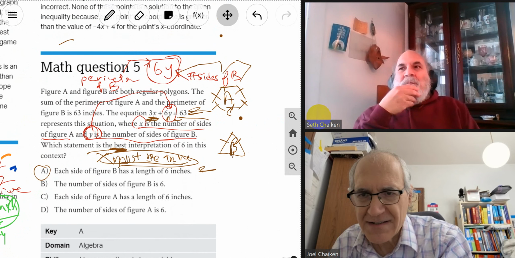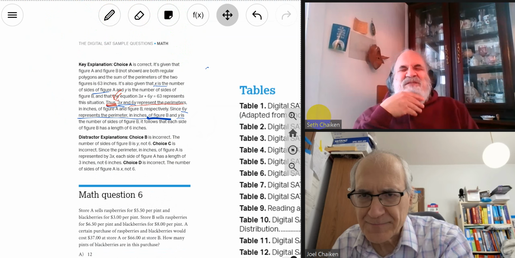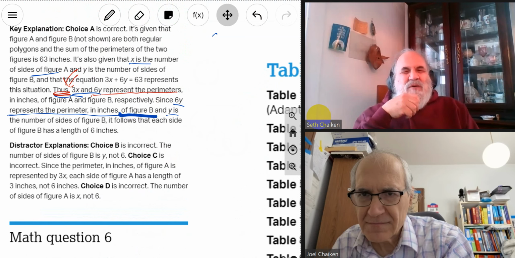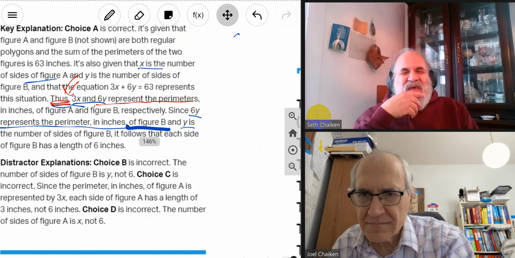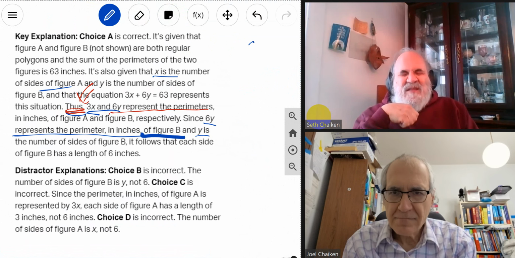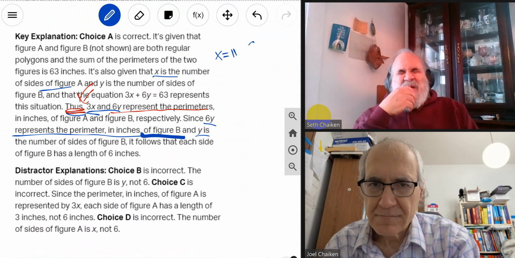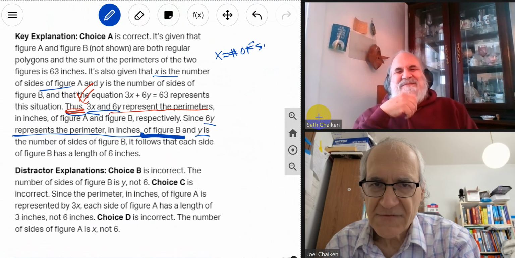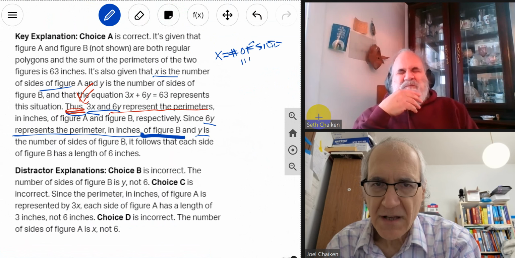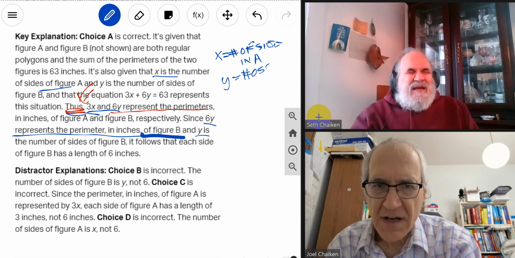They did say that x is the number of sides of figure A. For approaching SAT questions, when they tell you x is this, it is important to use it in the question. The number of sides in A, that's the critical part.